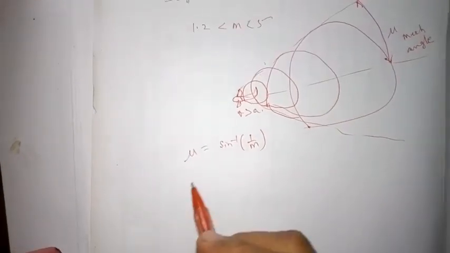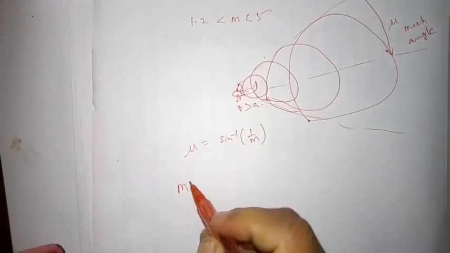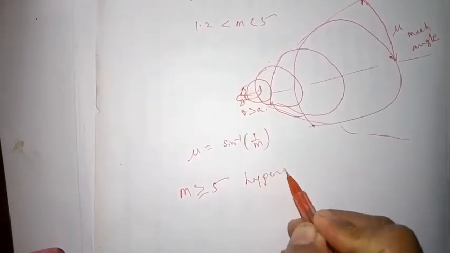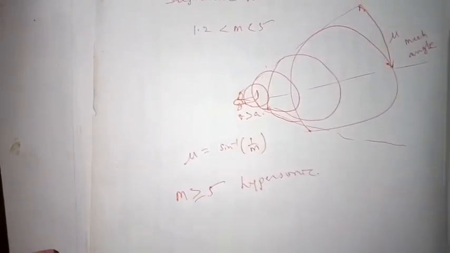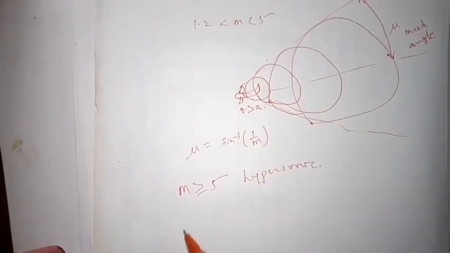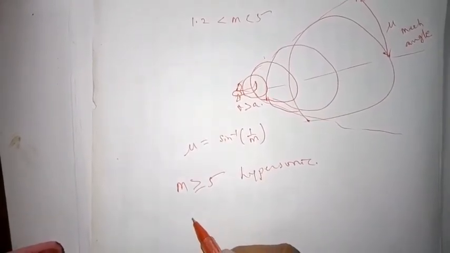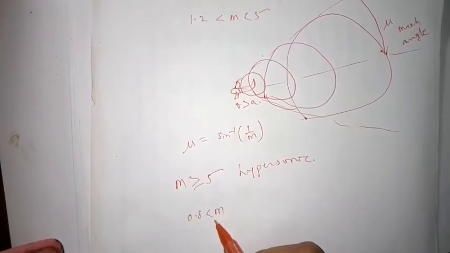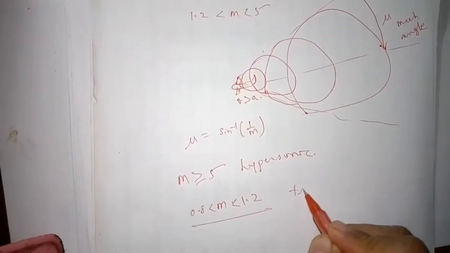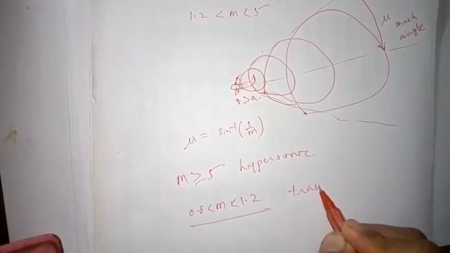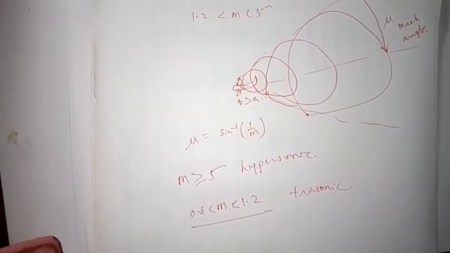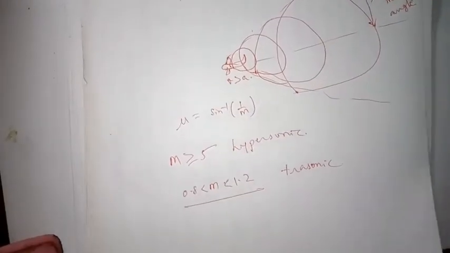If the Mach number is more than or equal to 5, then it is known as hypersonic wave. There is one more classification we have left, between 0.8 and 1.2. This range is known as transonic. This is a very important range, where the transition takes place from subsonic to supersonic.